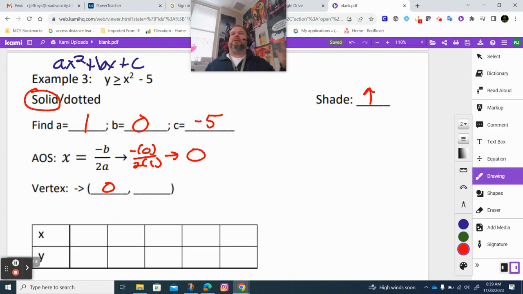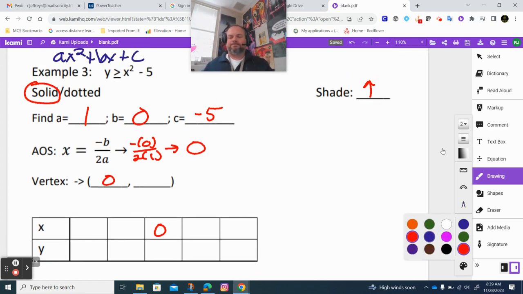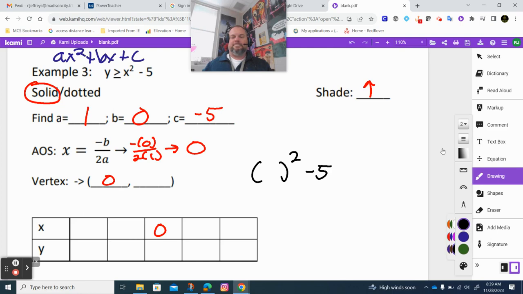Some y'all with another 0 and a 1 in front of it, and some y'all with just 0 by itself. Now find the y value for our vertex. Well, 0 squared minus 5 is just negative 5.